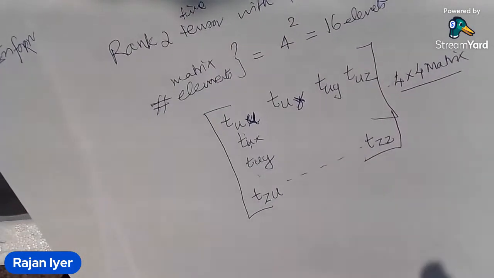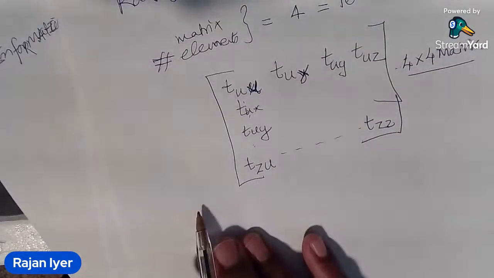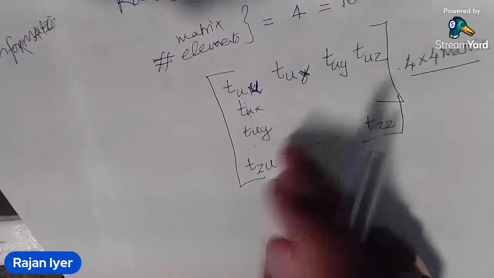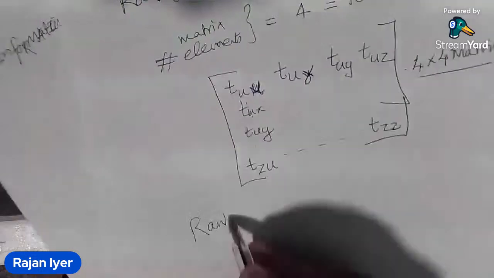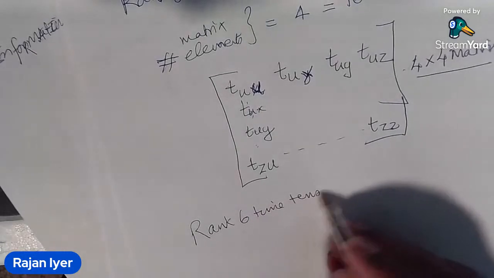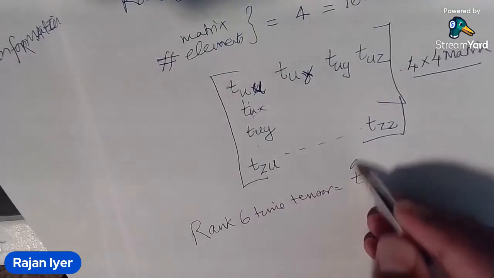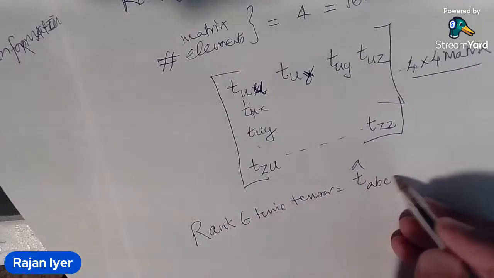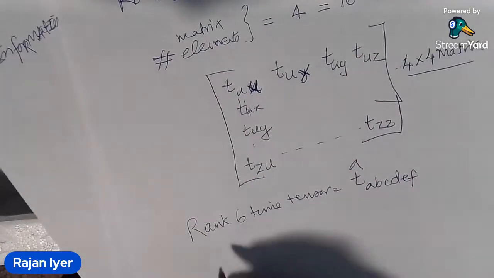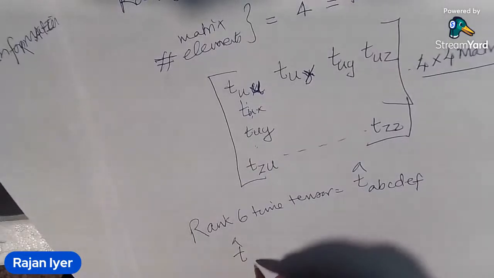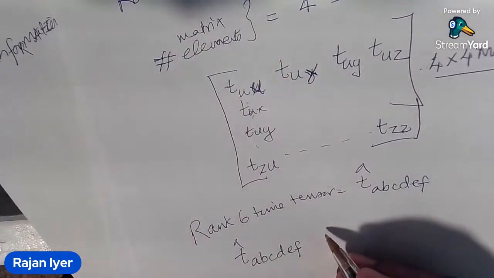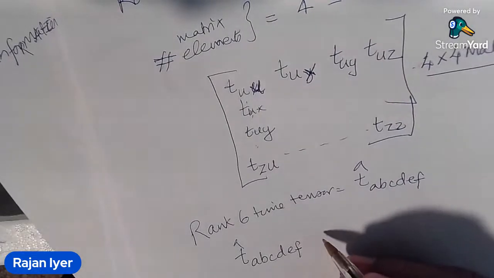So essentially that will be for rank 2, and we extend to rank 6. So a rank 6 time tensor can be written as T of A, B, C, D, E, F. Then that will be rank 6.